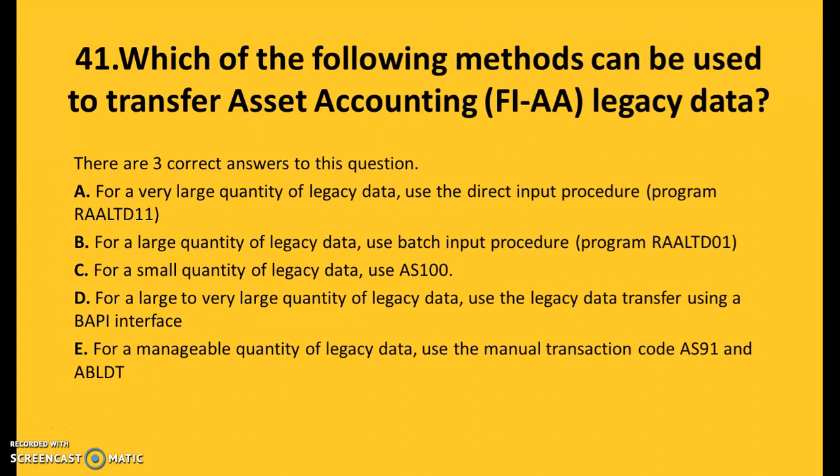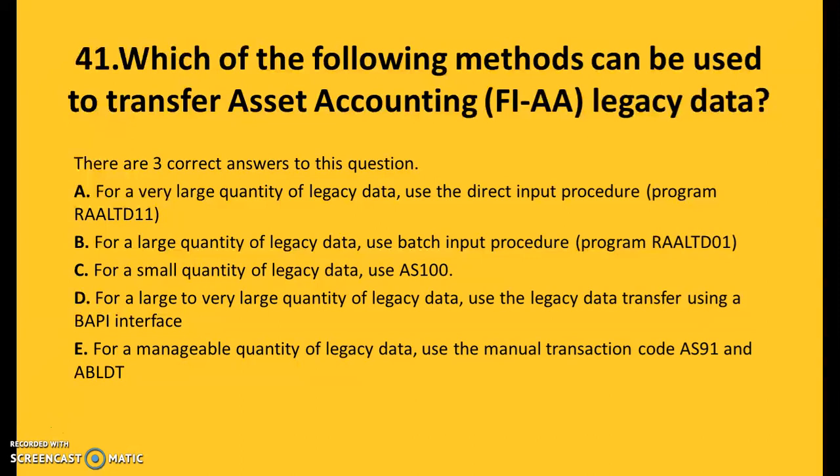Which of the following methods can be used to transfer asset accounting FI-AA legacy data? There are three correct answers for this question. The first option is, for a very large quantity of legacy data, use the direct input procedure, program RAALTD11. Or for a large quantity of legacy data, use the batch input procedure, program RAALTD01.